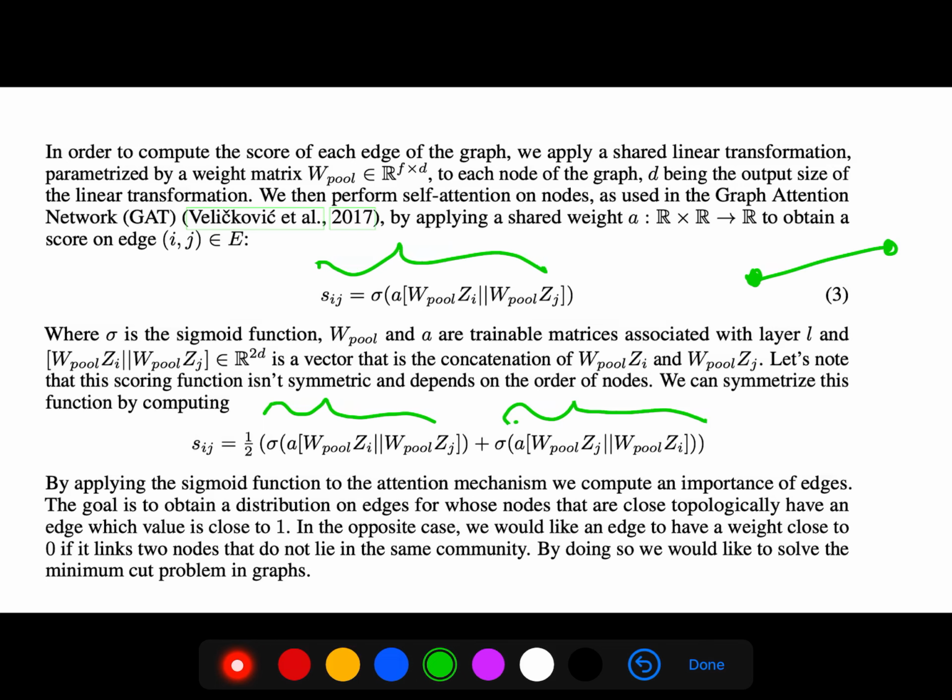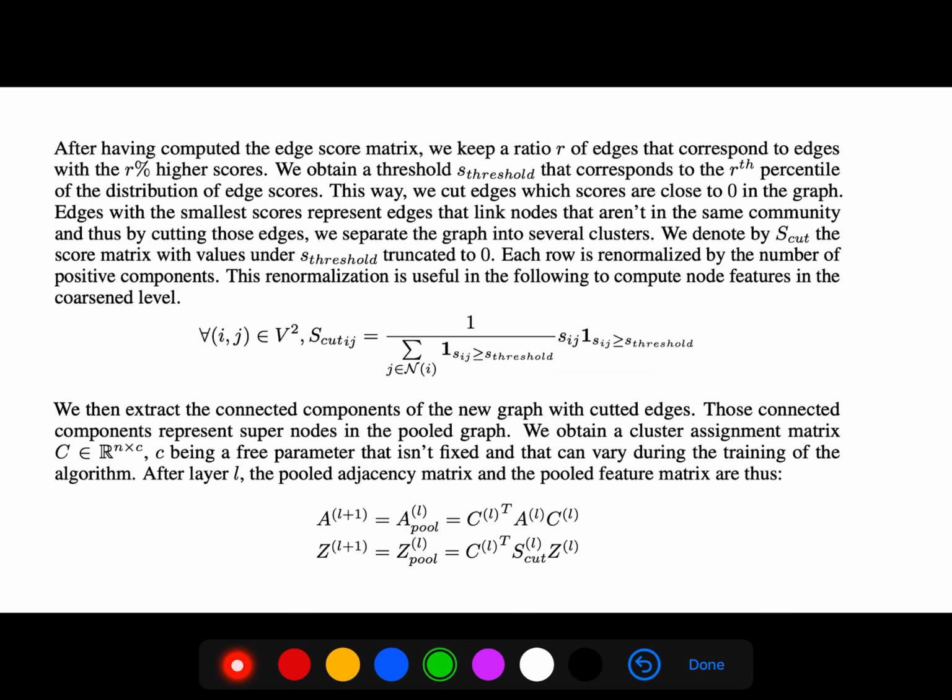So by applying a sigmoid function to the attention, we compute the importance of the edge. So S_ij, if it is high, it means that this edge is essential. Maybe it's a bottleneck. It should be in the graph. If you remove it, it becomes a very disconnected graph. So after applying the threshold and then normalizing, this is what you really need.